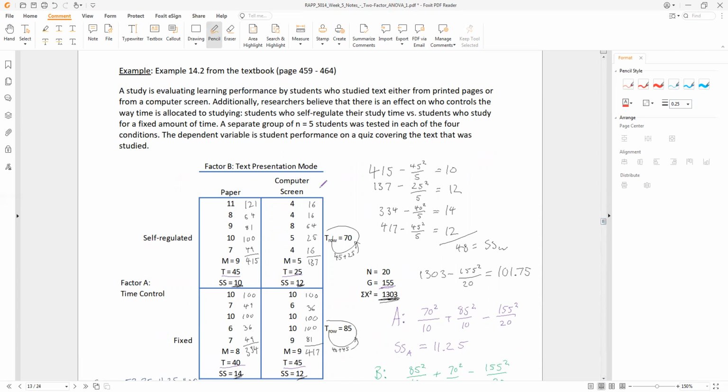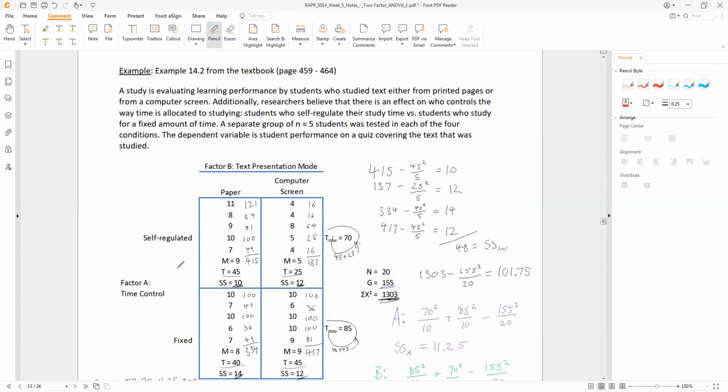Like we've not rejected the null hypothesis. We don't have enough evidence to say that text presentation mode has an impact, right? Same thing for time control, right? We don't have enough evidence to say that whether students are self-regulated or study for a fixed time period has an impact on their performance.